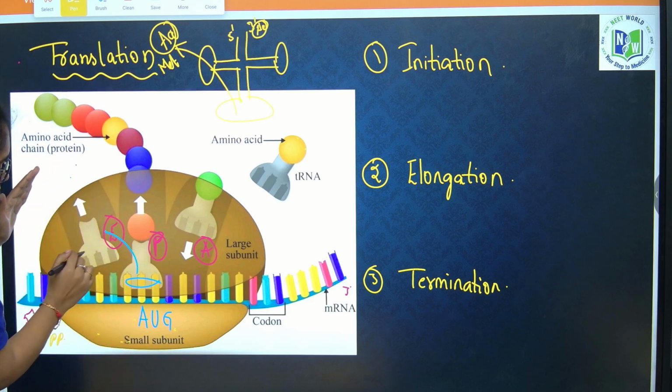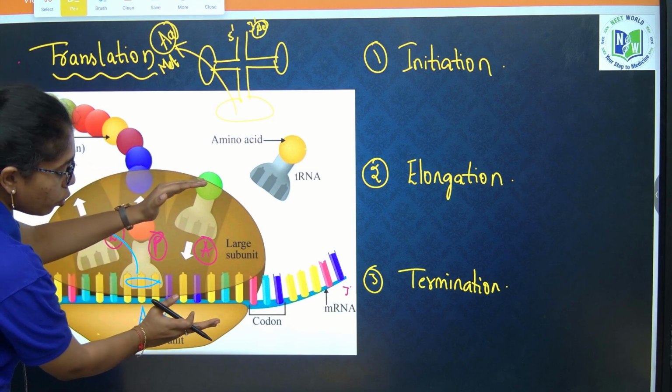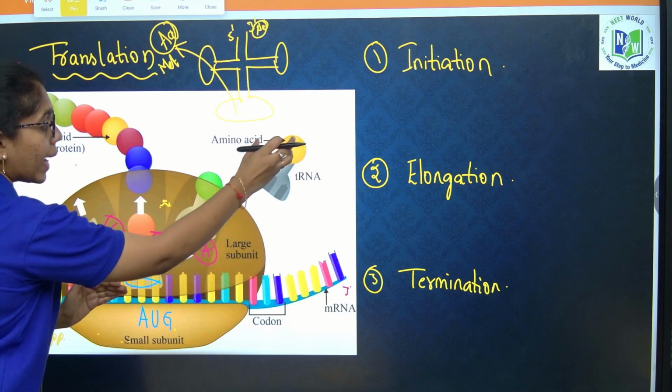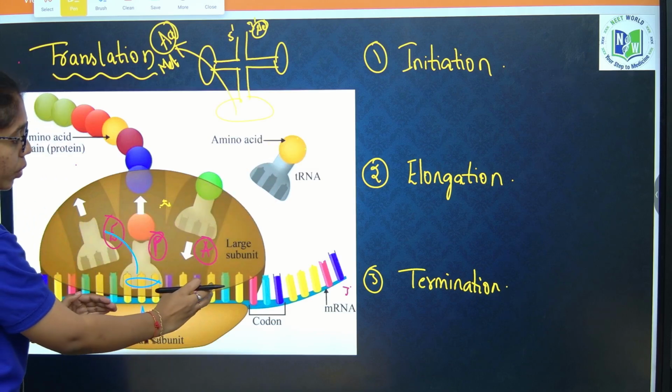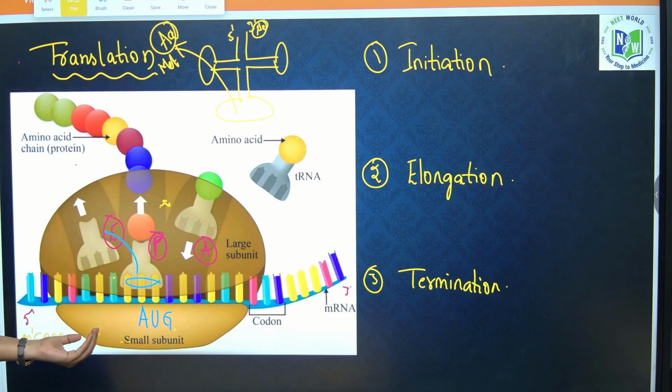Once it is synthesized, the tRNA will move to the exit site and go away from the ribosomal larger subunit. Then the ribosome moves to the next tRNA; again a charged tRNA will come, land over the A site, and from the P site it will synthesize one more amino acid.